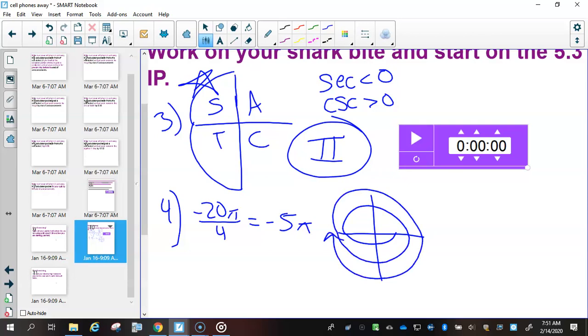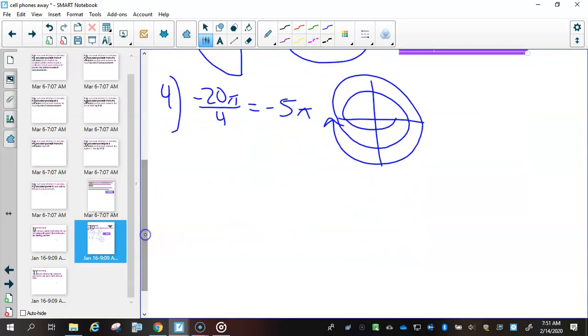So if it lies on the axis, it's a quadrantal angle, and that's all you would say, but also the axis it lies on. So what is just one number with a pi? It's just how many times you go around.